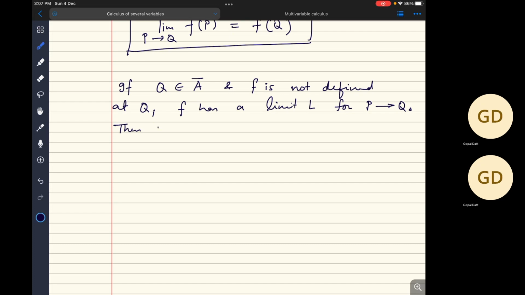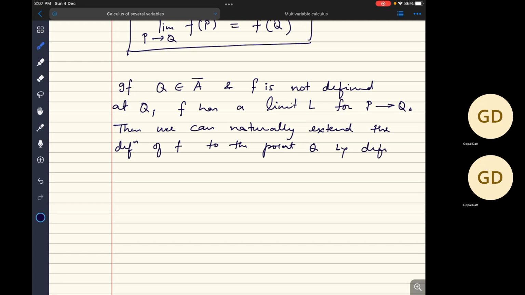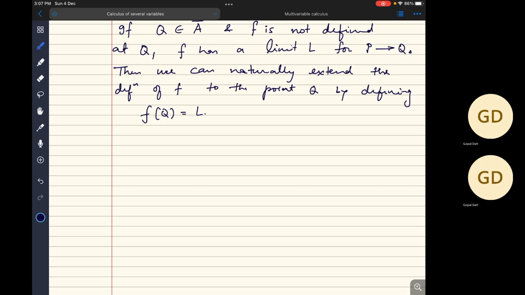So then we can naturally extend the definition of F to the point Q by defining F(Q) equal to L. The function F extended this way will then be continuous at Q. So this means if F is continuous in its domain, we can extend the definition of F as limit not just to a single boundary point Q, but simultaneously to all boundary points of A, for which F has a limit.